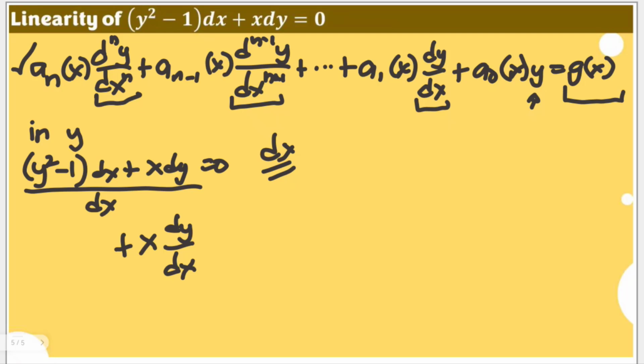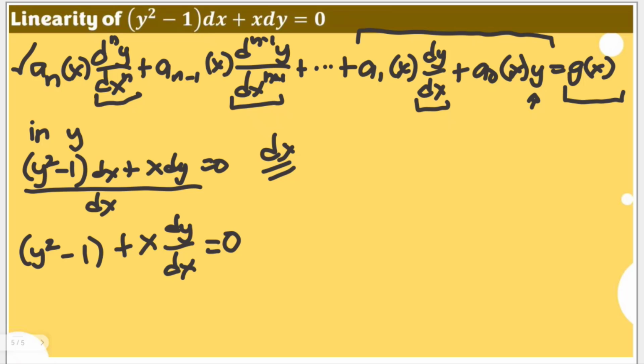For the first term, the dx will be cancelled. We have y squared minus 1. Of course, 0 divided by dx is still 0 itself. So let's structure this in a form where it would follow this idea. The y squared term will be retained on the left hand side, and the rest will go to the other side as well.